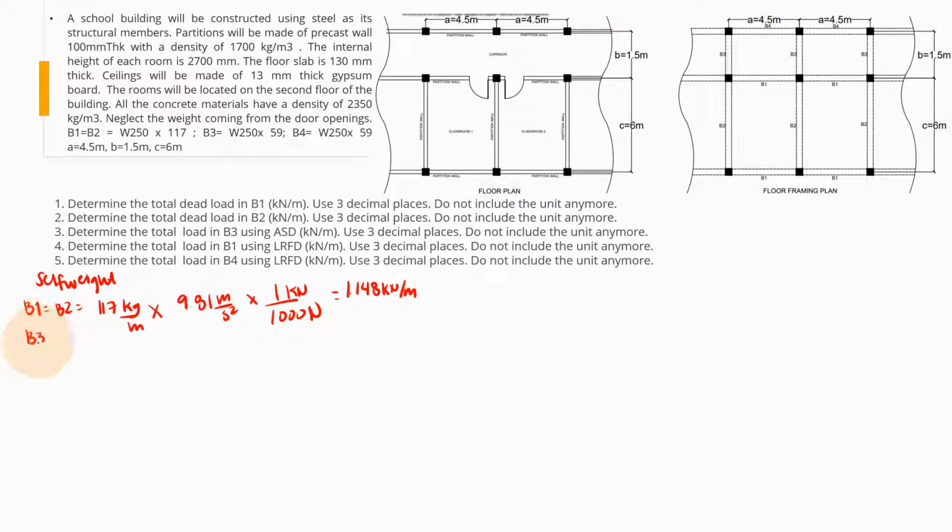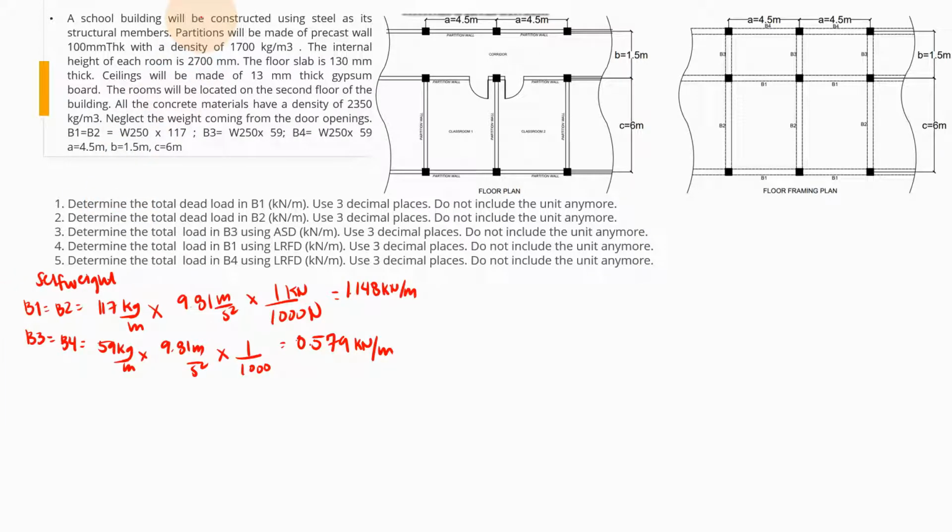And then our beam 3 is equal to our beam 4. So we have 59 kg per meter multiplied by 9.81 meter per second squared. So we have 0.579 kilonewton per meter. So we have the self-weight of the beams.